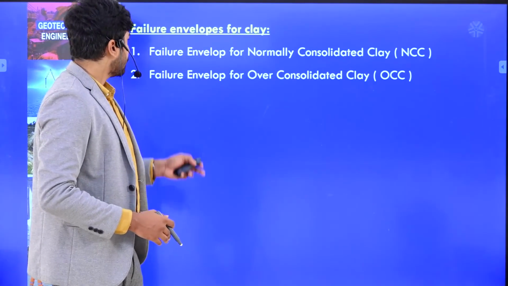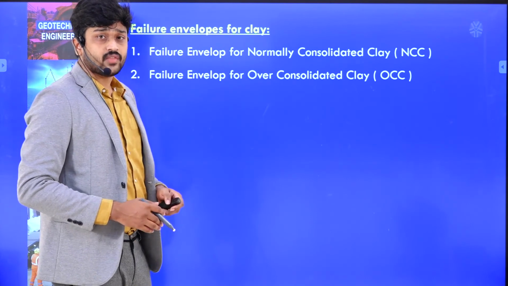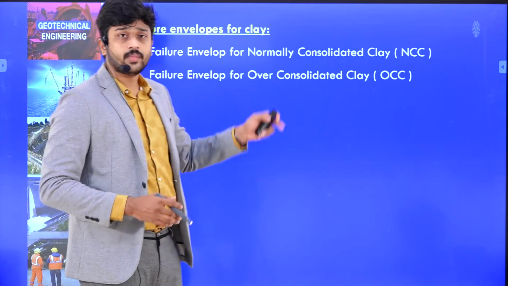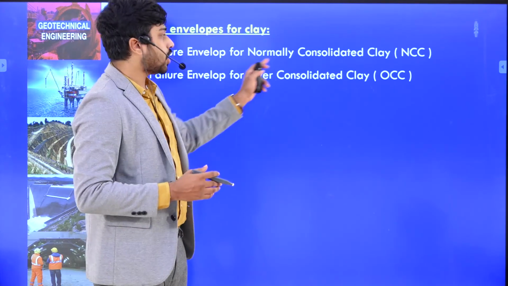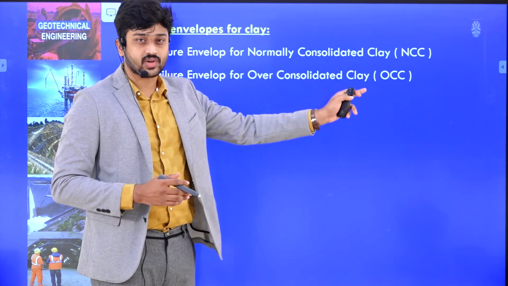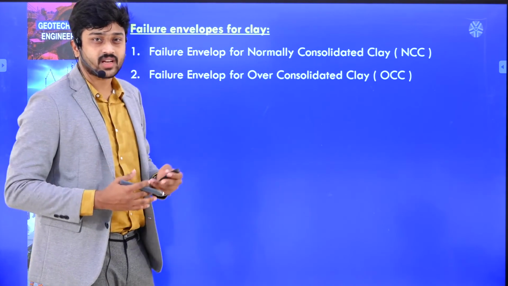Now finally, looking at the failure envelope, let us look at it for two different cases, normally consolidated clay and over consolidated clay. We saw the difference in our previous semester.